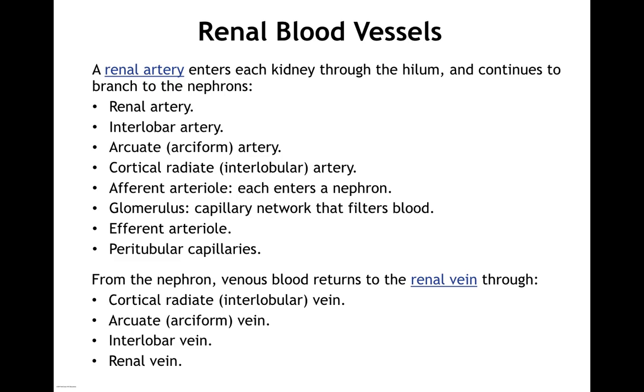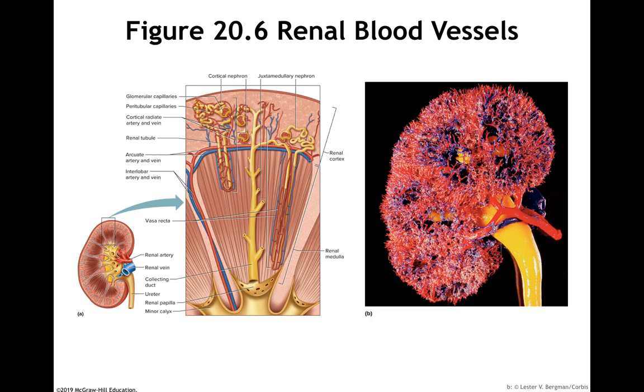The efferent arteriole takes that blood, and then we have peritubular capillaries. From the nephron, the venous blood returns to the renal vein through the cortical radiate or interlobular vein, the arcuate vein, the interlobar vein, till finally the renal vein. And those are demonstrated here.